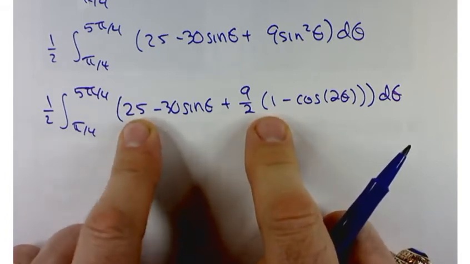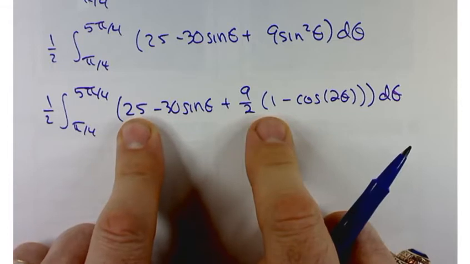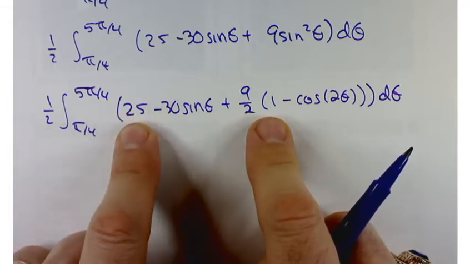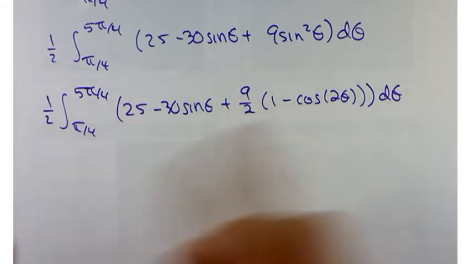Let's call that 50 halves, right? 50 over 2 is the same thing as 25. So 50 halves plus 9 halves gives me 59 halves.